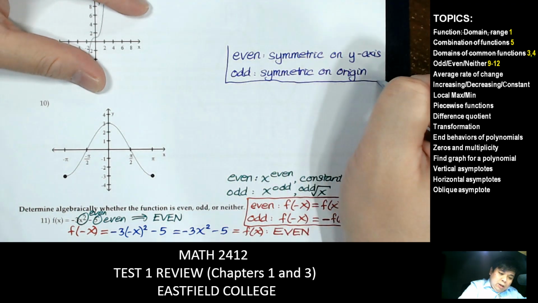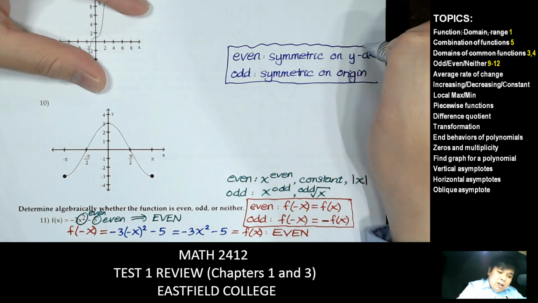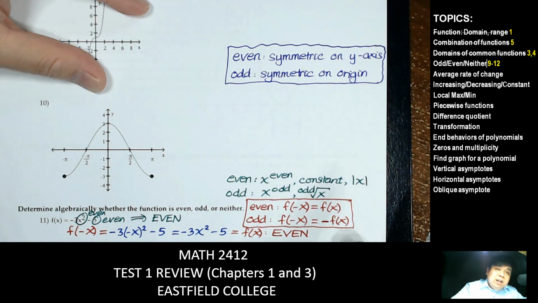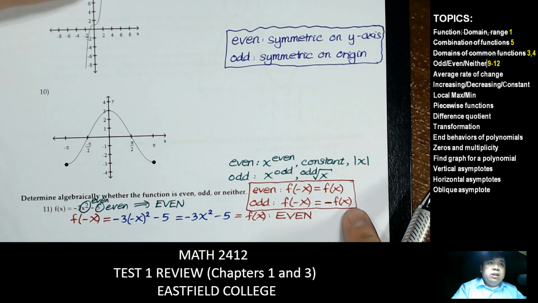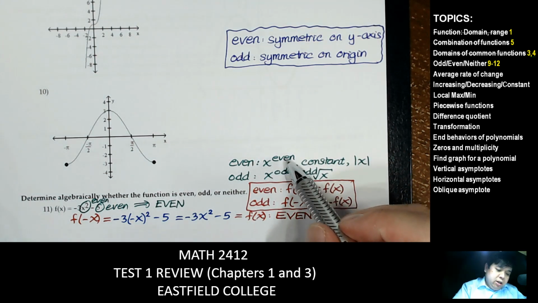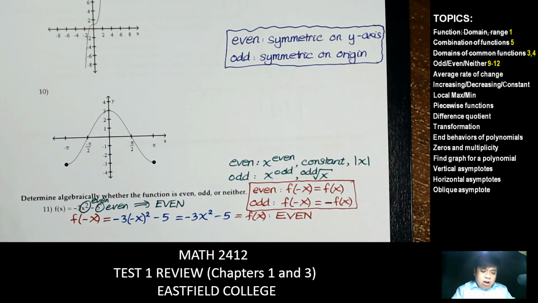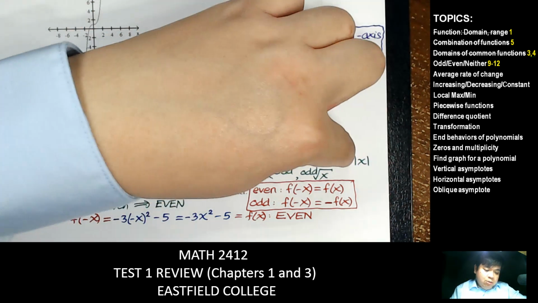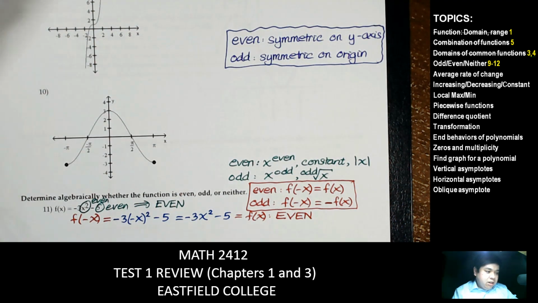So graphically, this is what we have, the definition, this is what we have, and those are the terms. Some examples: constant, absolute values, even powers will be even. Of course, 1 over x to an even power is also even, but those are some of the terms.